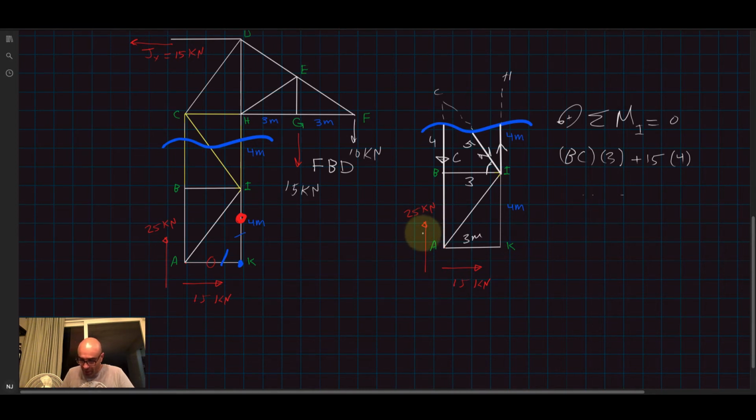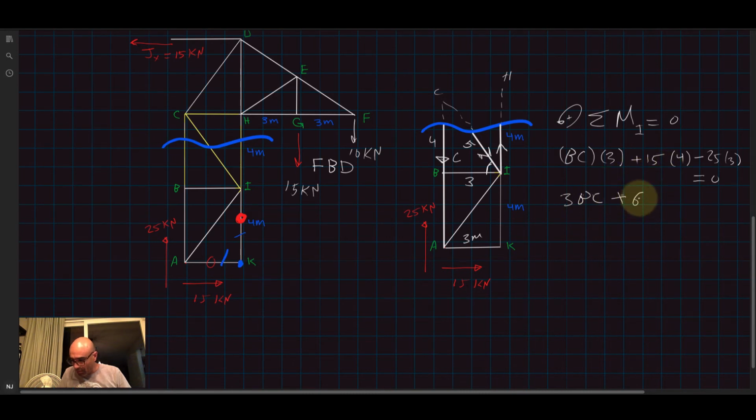This one, the AY, is making it rotate clockwise, so it must be negative 25, and it's acting about 3 meters away. If you add all of this, it should be equal to 0.